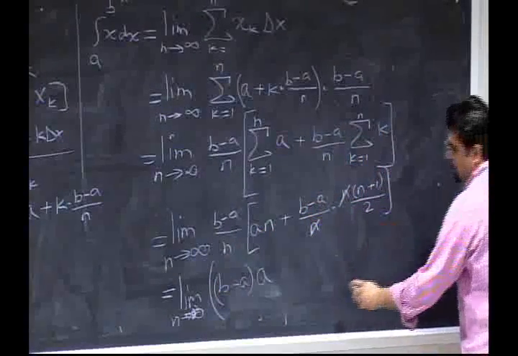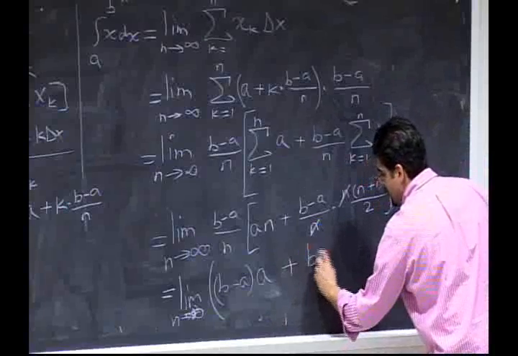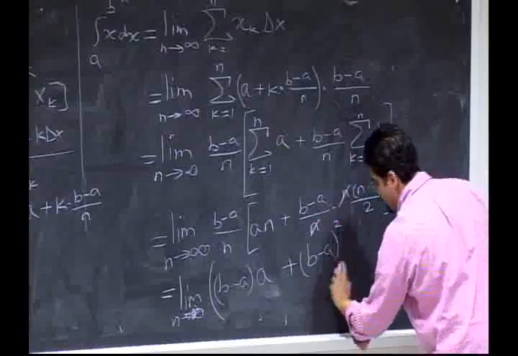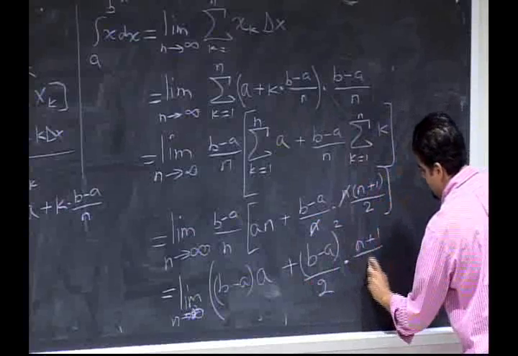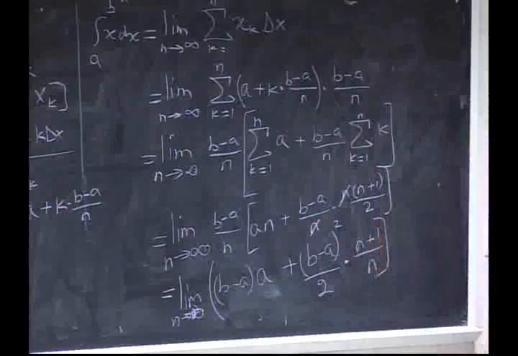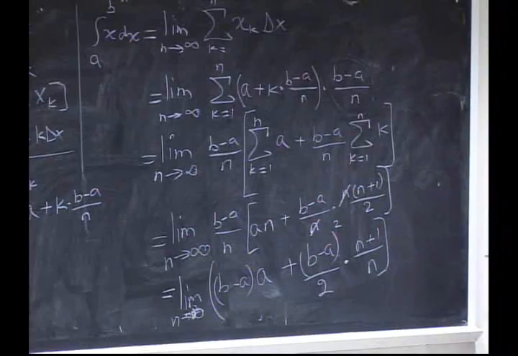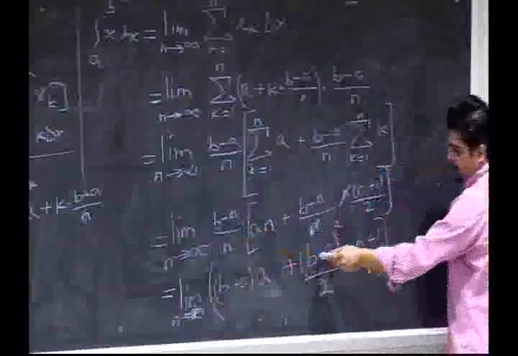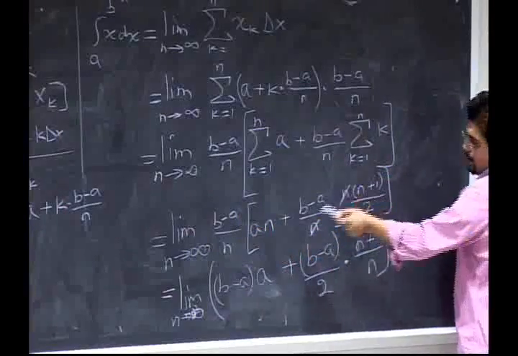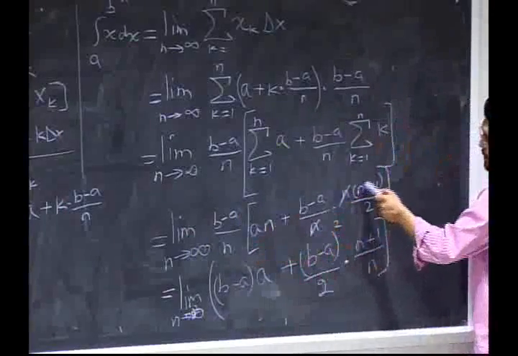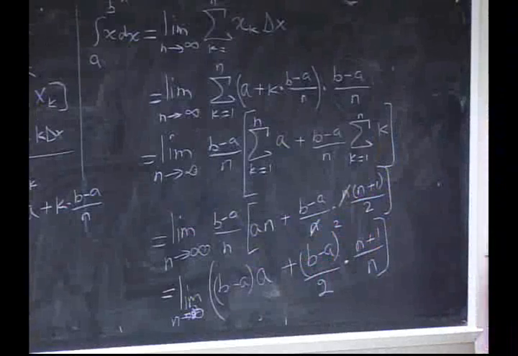And then for this one I would get plus (b minus a) squared over 2 times (n plus 1) over n. b minus a times b minus a is b minus a squared. You have a denominator of 2, and then you have a denominator of n times n plus 1.